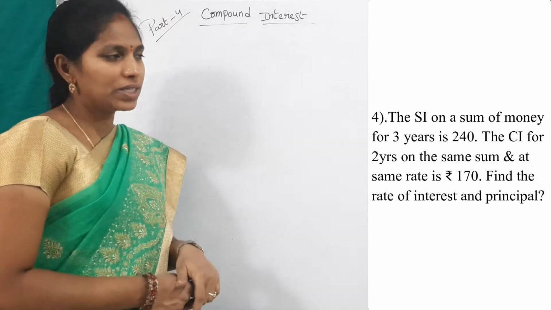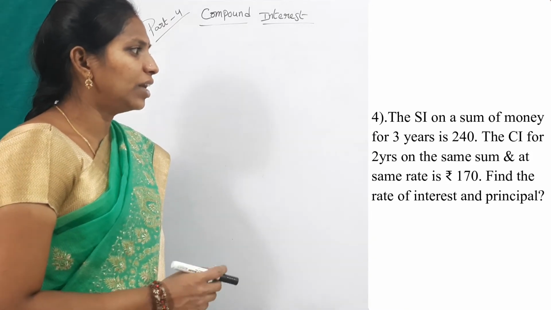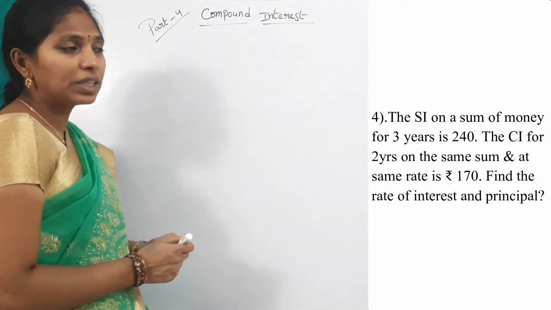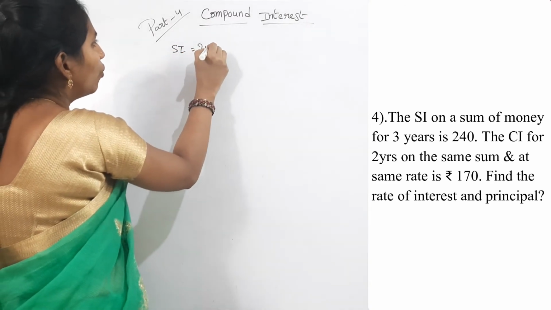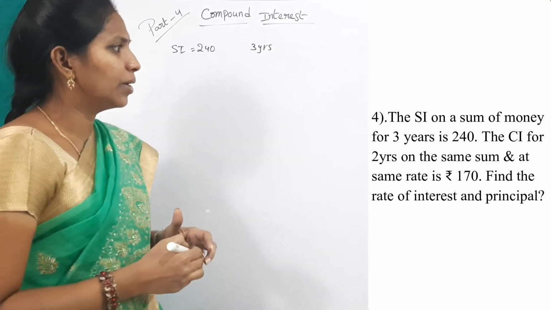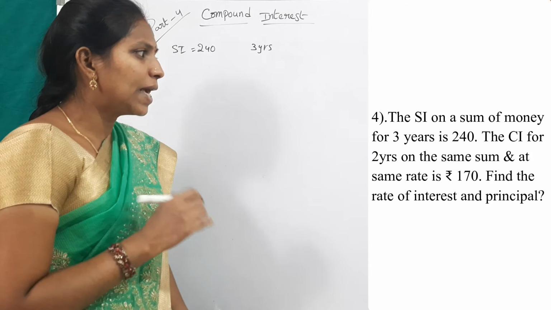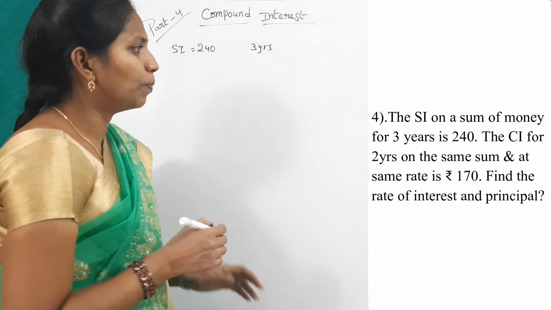Now see fourth question. The simple interest on a sum of money for 3 years is 240. SI equal to 240 for 3 years. The compound interest for 2 years on the same sum and at same rate is 170 rupees.